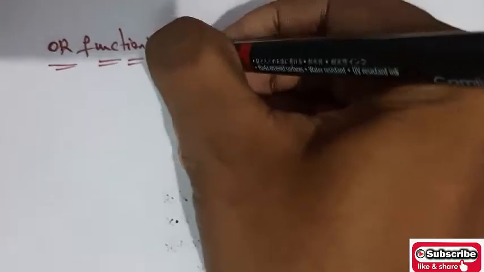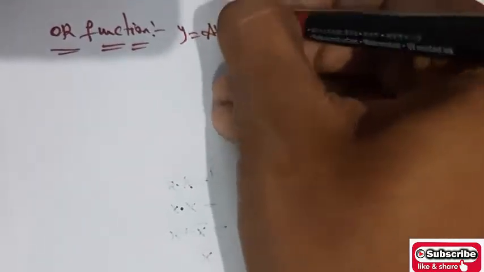Next we can see the OR function. OR function y is equal to a plus b.